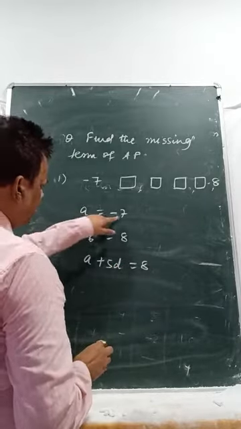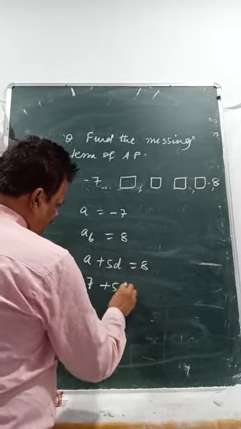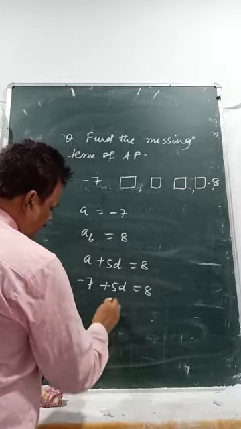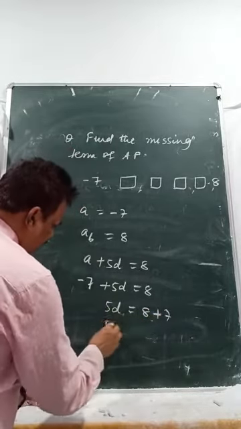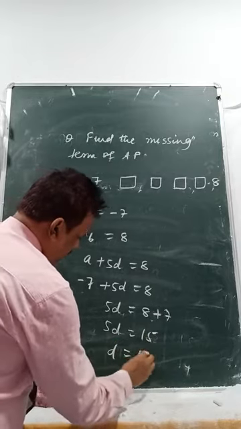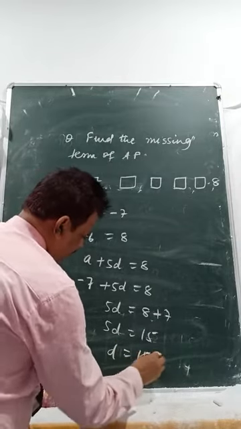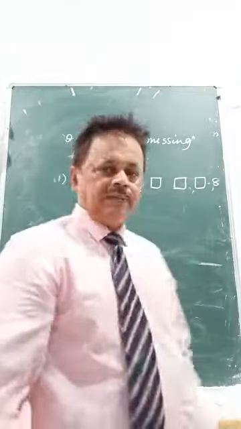Let me put minus 7 here. So 5D equals 8 plus 7, 5D equals 15, D equals 15 by 5, D equals 3.